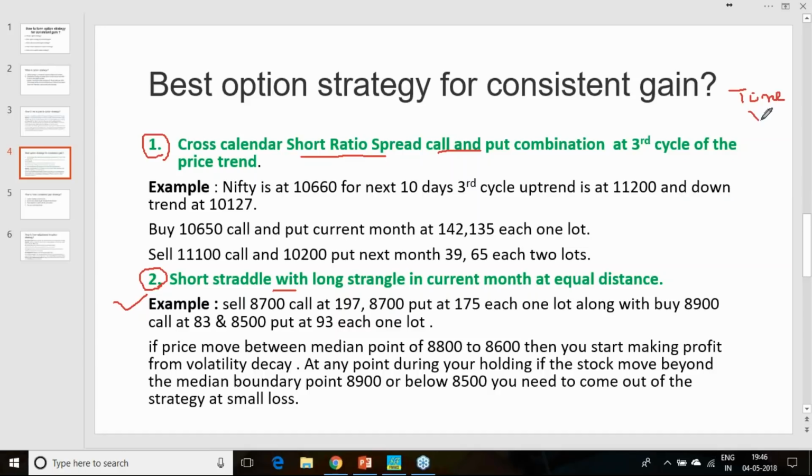So the time value of any option has to die down till the expiry. The only loophole in these two strategies is if the intrinsic value goes on building up, then you may lose something, but for that you can derive a plan also.